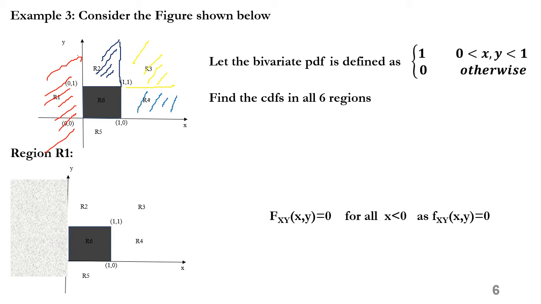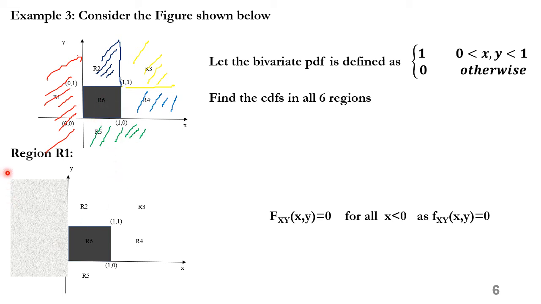Then finally we have R5 and R6, and R5 is defined as this region. Then R6 is defined for the entire area inside this box.